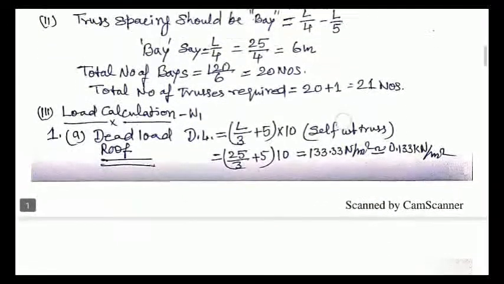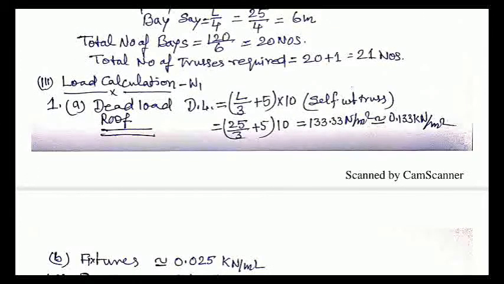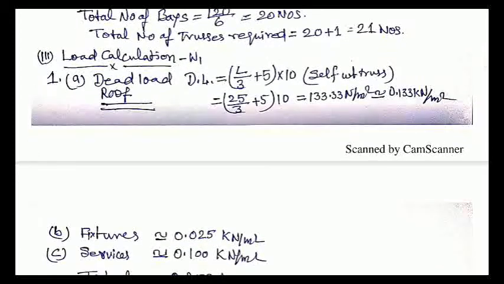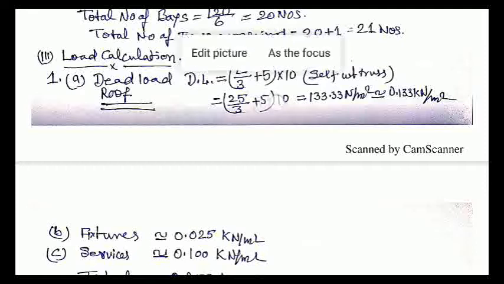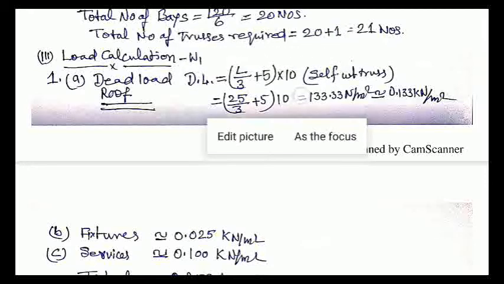Now load calculation. First of all we will calculate dead load, which we will denote by W1. Dead load of the roof, we will take part A. So we will take dead load of the roof by an empirical formula, L by 3 plus 5 multiplied by 10.